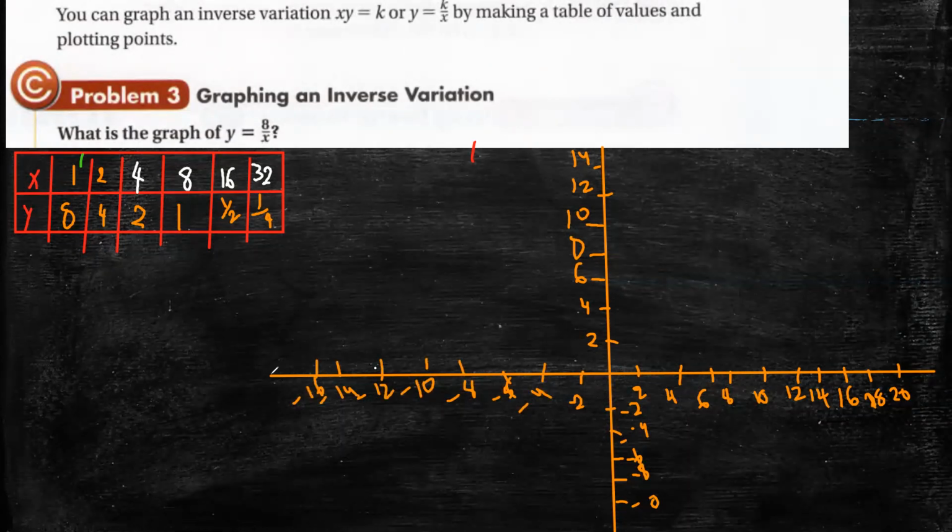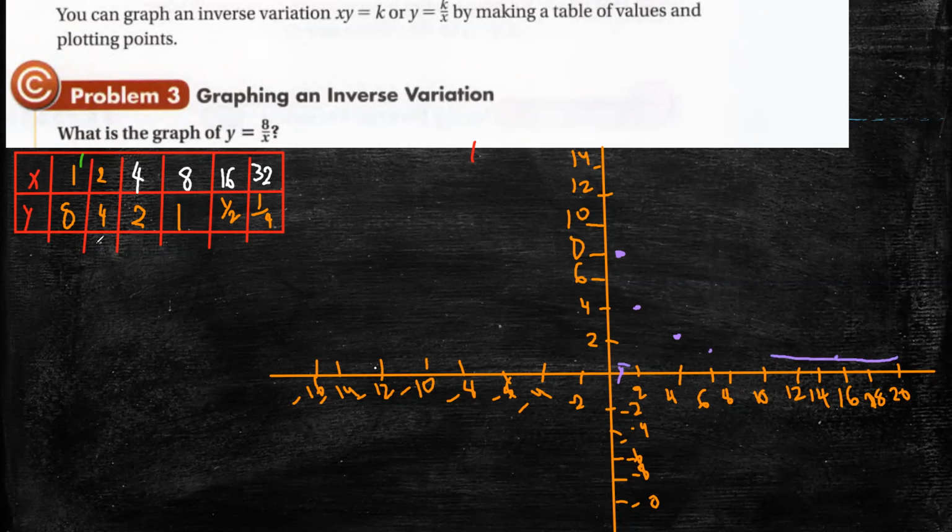Now first, at point 1, 8. So at 1, we have 8. So it is here. At 2, it is 4. At 4, it is 2. At 8, it is 1. And at 16, it is in the middle here.